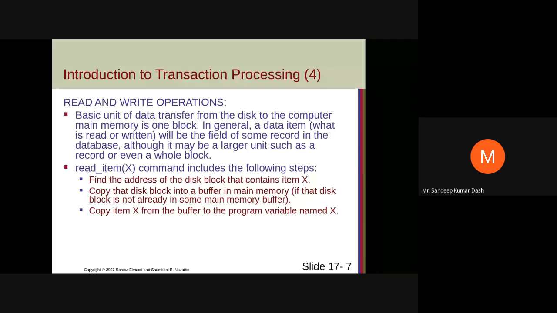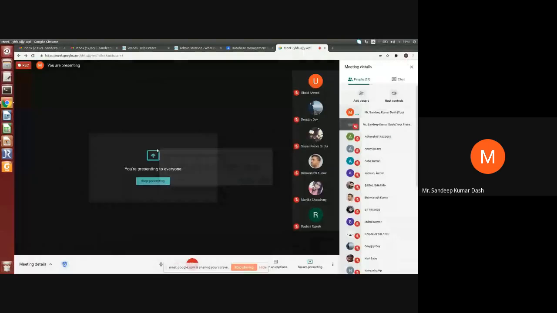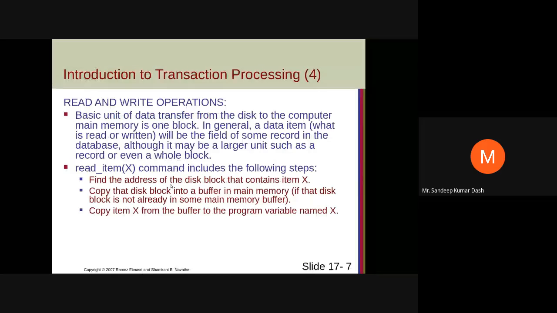If you are trying to read a data item using read item X, then it will include these steps. Find the address of the disk block that contains item X, because X is a data location. You have to first find the location on the disk block. Disk block means on the secondary memory or the hard disk where you are storing the database. So first you find the location, then copy that content from that location onto the buffer.